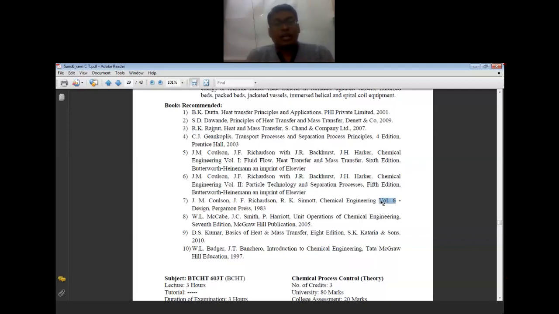So when we talk about heat exchanger designing, that is Unit 5, this is from Richardson Coulson Volume 6. Not only that, there are McCabe and Smith, the unit operations of chemical engineering. Then D.S. Kumar, that is also used. Out of this, we are preferring S.D. Dawande, Rajput and the RC6.